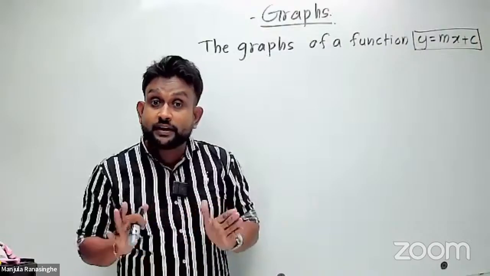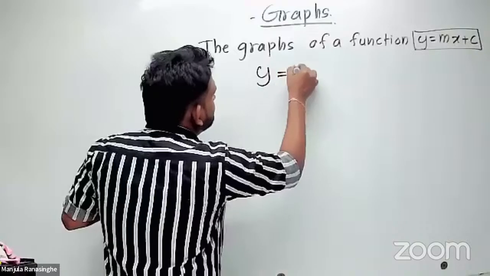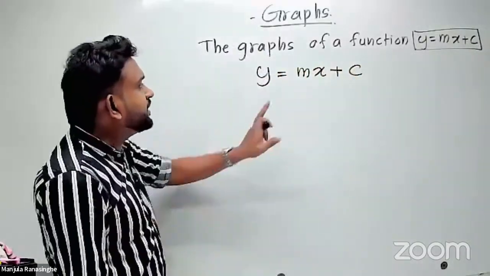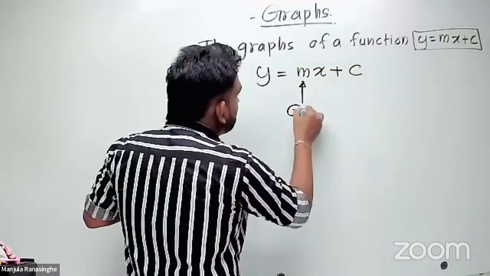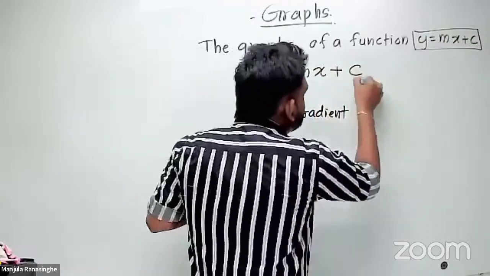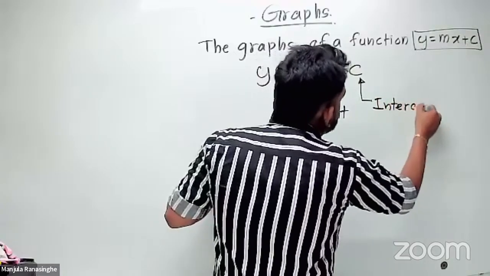So what is the m here? Understand this lesson very well, O-level base paper, y equal mx plus c. M is defined as the gradient of the graph. Then what is c? C is called the intercept of the graph.